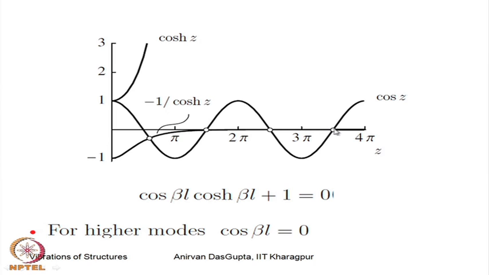So, these points can be written as zeros of this function, cos z equal to 0.